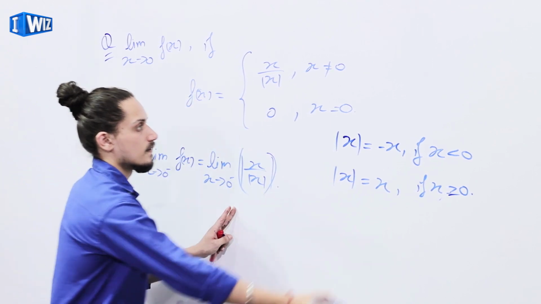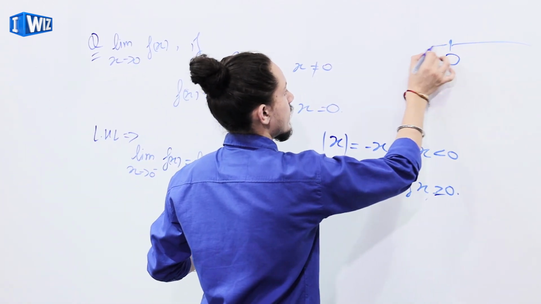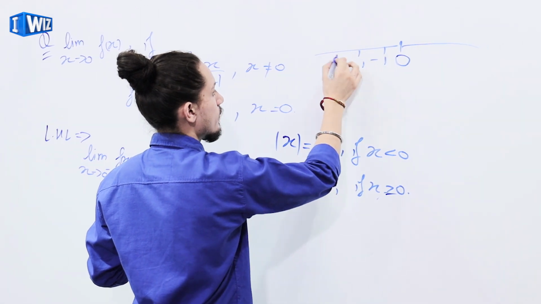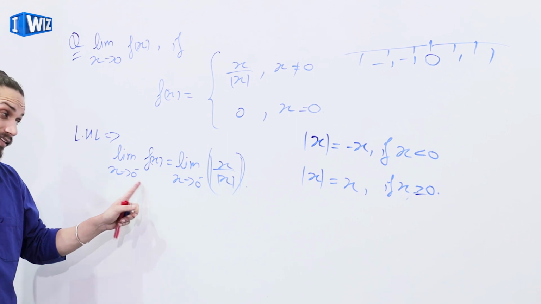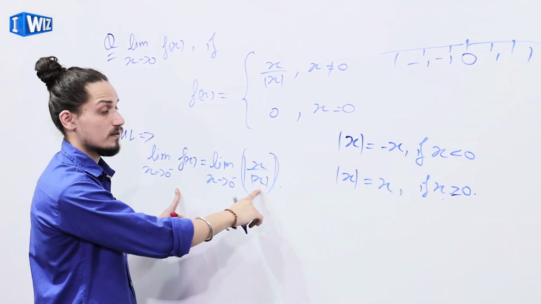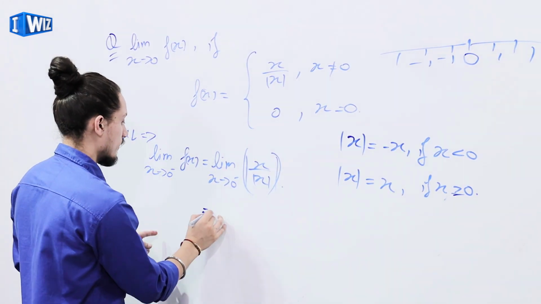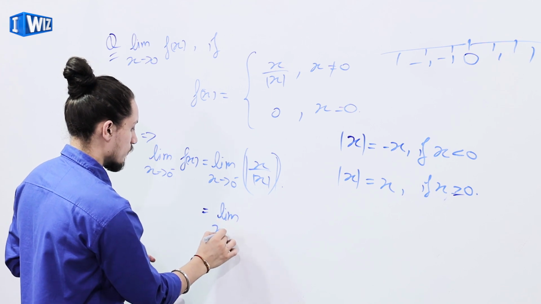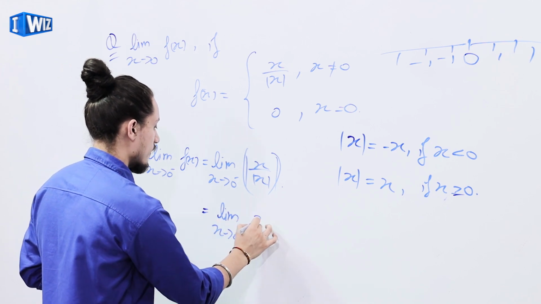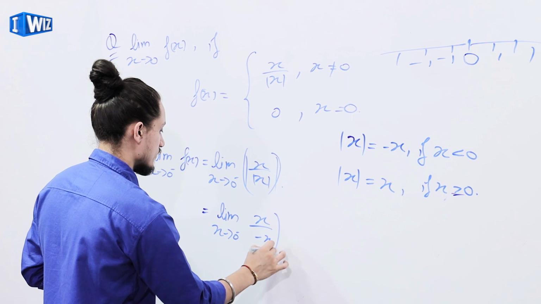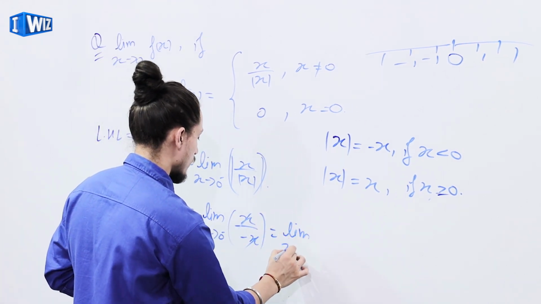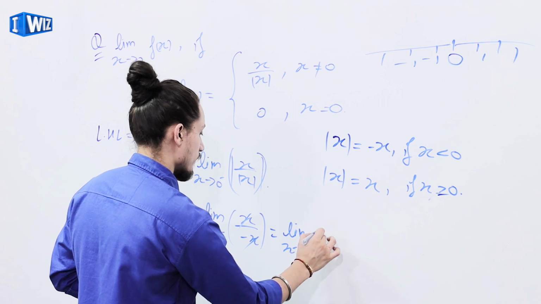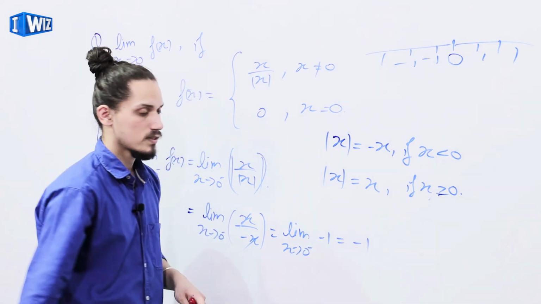Now since the left hand side of 0 is all negative and we are approaching from the left hand side, modulus of x will be equal to negative x. So we get limit x approaches to 0 negative x upon minus x, which is equal to limit x approaches to 0 of minus 1, which is equal to minus 1.